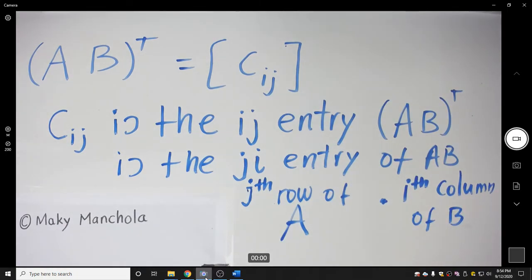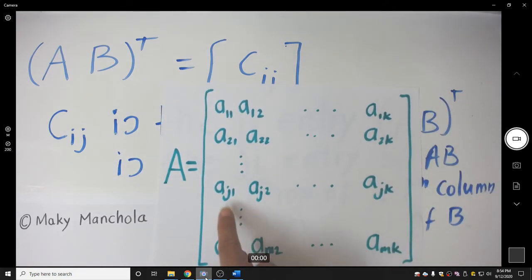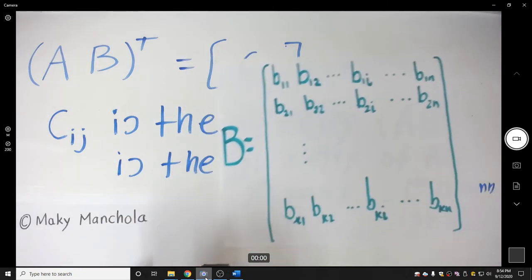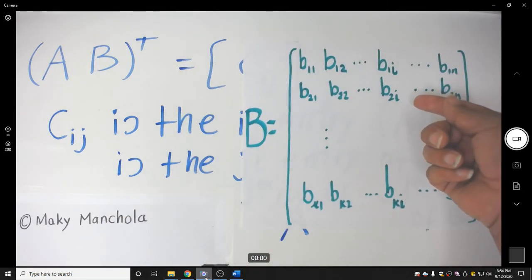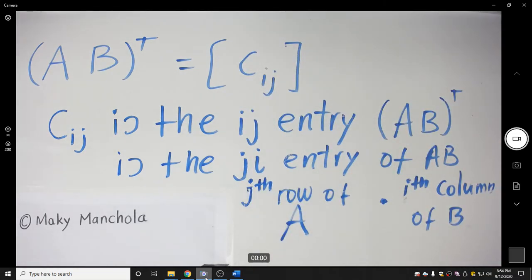Okay, so let's see what they are. The jth row of A is Aj1, Aj2, all the way up to Ajk. The ith column of B is B1i, B2i, Bki. So let's compute that dot product.